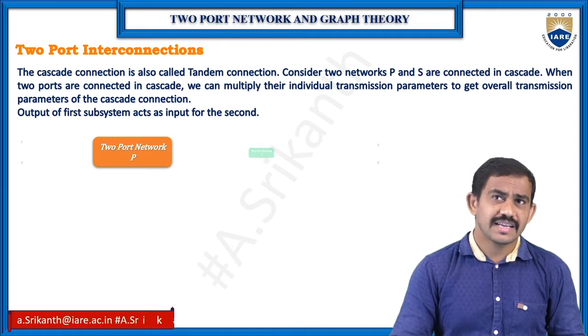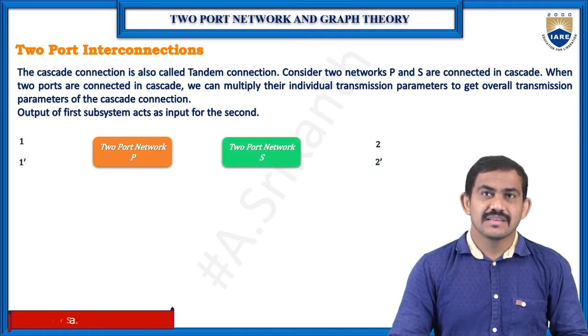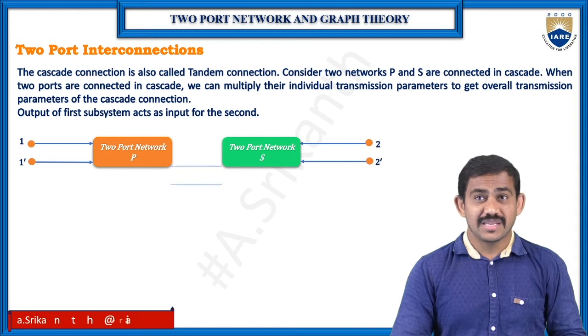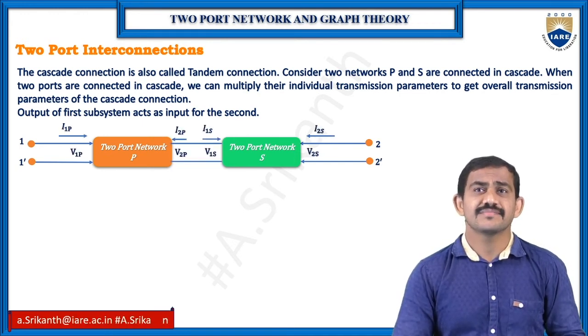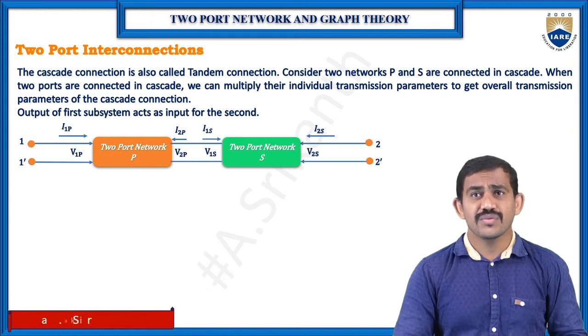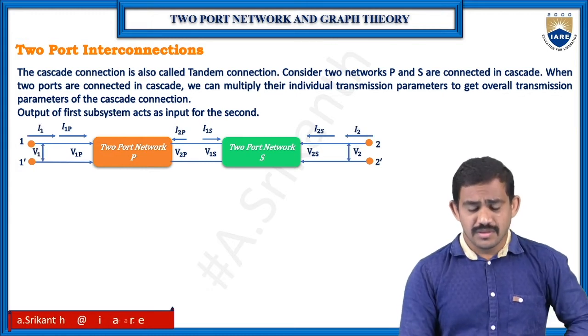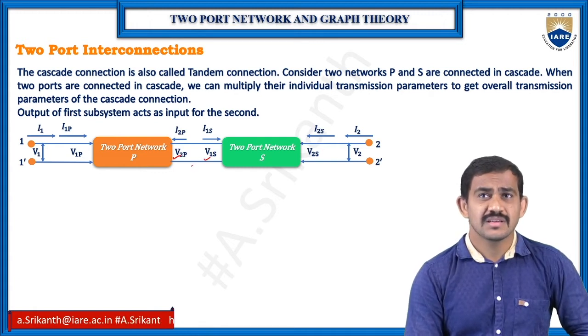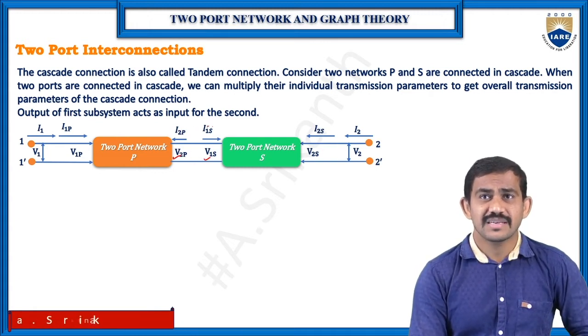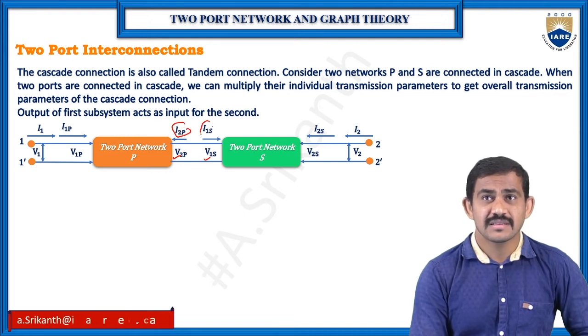Okay, so we'll check in the circuit here. P network and S network, those four terminals are connected to each other. Now if you observe the values, which voltage do we have? Same voltage, and the currents are also same but in reverse direction.